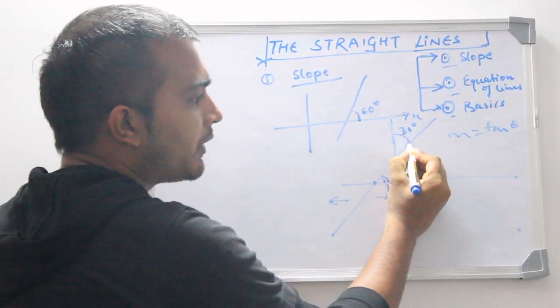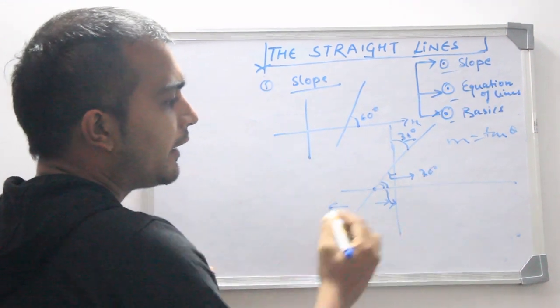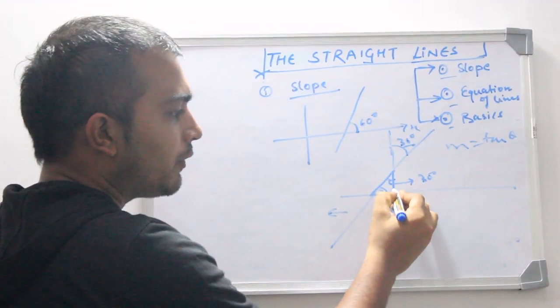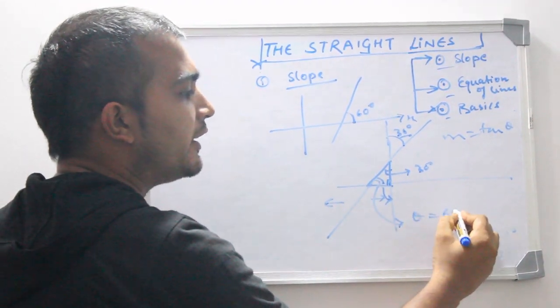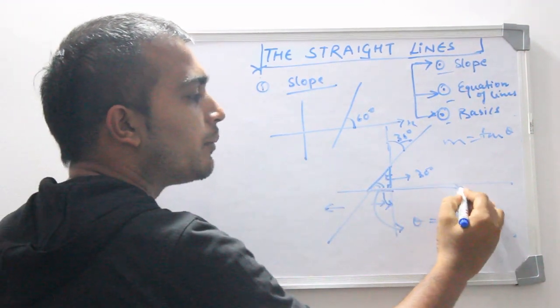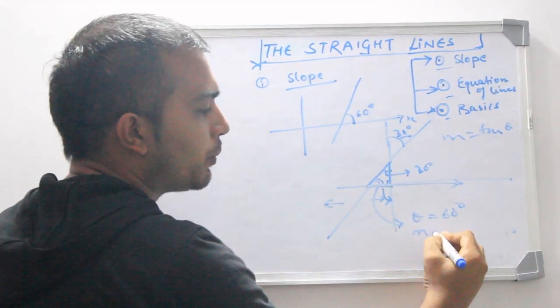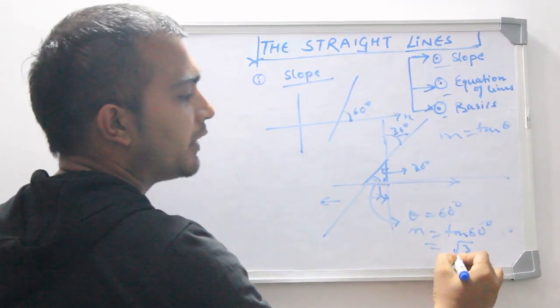Now we are given this as a 30 degree angle; with vertically opposite angles, this will be a 30 degree angle, and by the angle sum property for a triangle, this angle comes out to be 60 degrees. So 60 degrees is the angle which the line makes with the positive x-axis. So slope is nothing but tan of 60 degrees. So tan 60 is root 3.